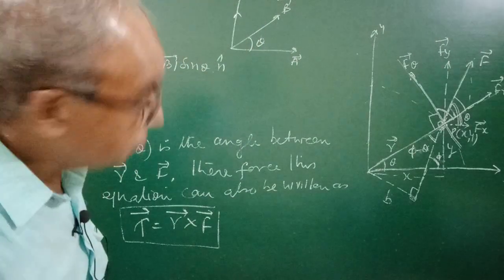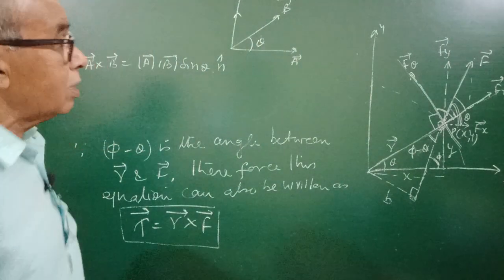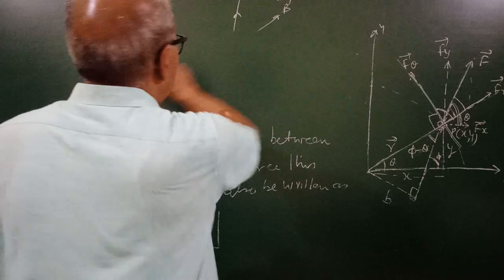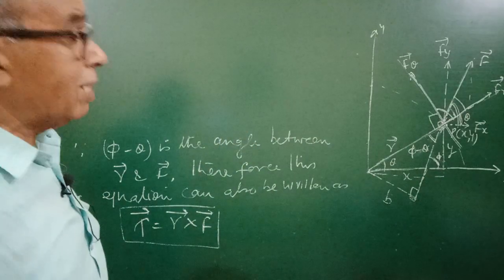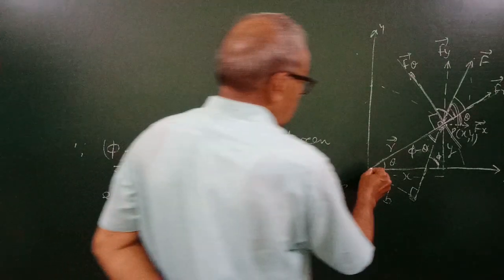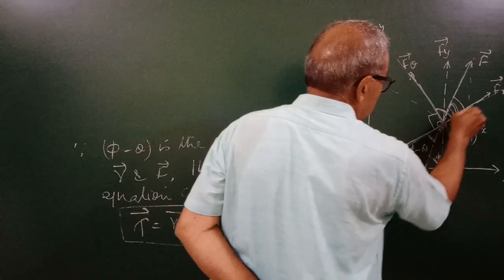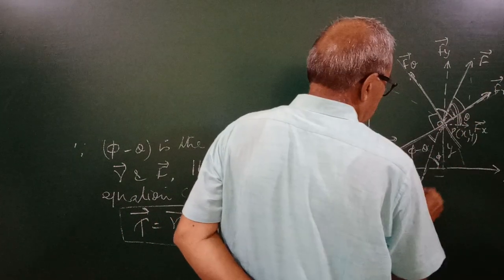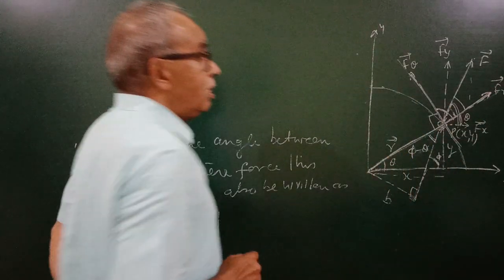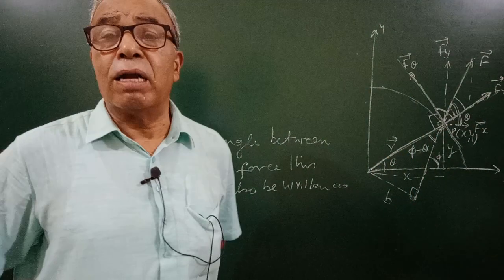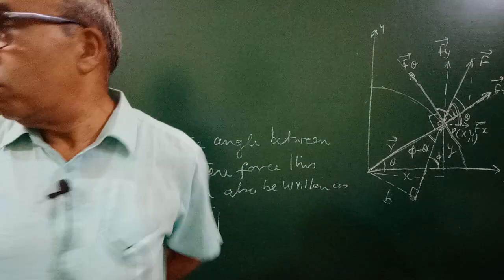And very clearly I told you here that the body is free to rotate or forced to rotate in the XY plane. This is the radius, this is the force, and the body is rotating in the XY plane. It means vector F and vector R here are in the plane of the board.